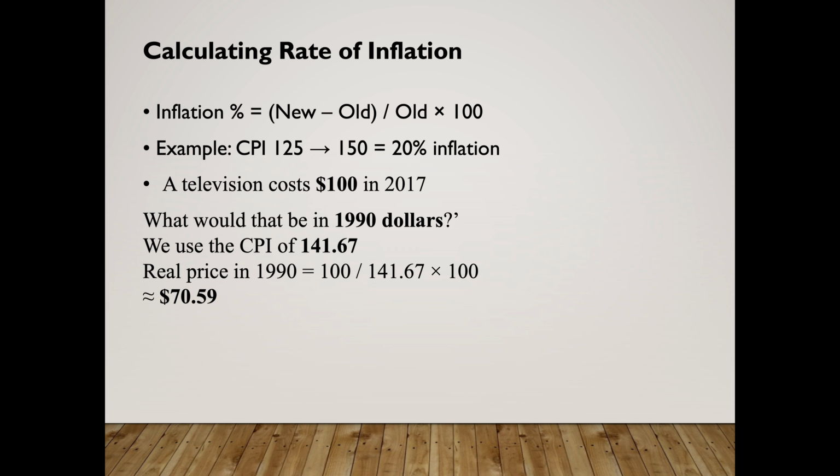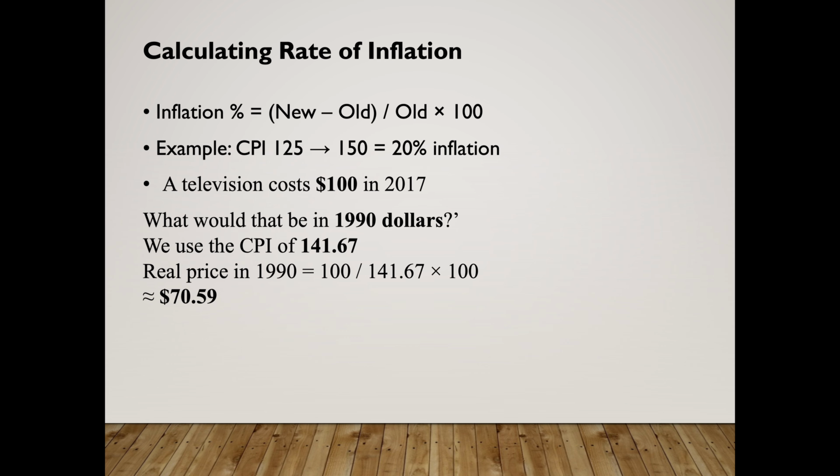Just like the GDP deflator, we can use CPI to convert nominal values into real values. The formula is the same structure. Real value equals nominal divided by CPI times 100. Let's take an example. A television costs $100 in 2017. We want to know, what would that be in 1990 dollars?